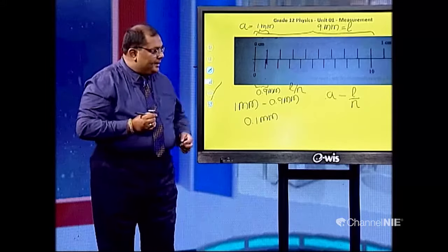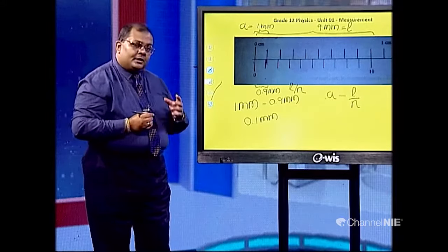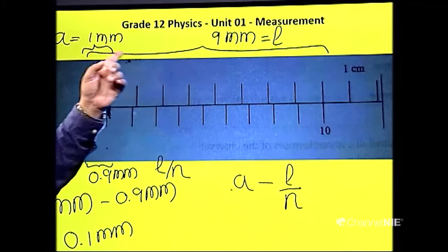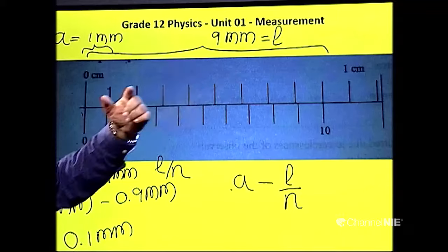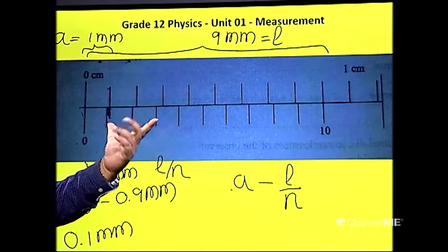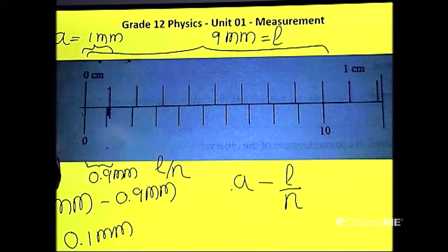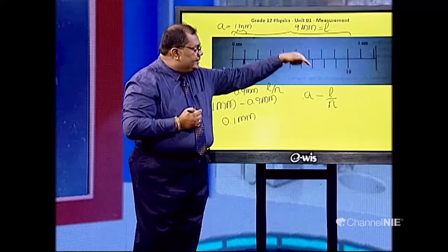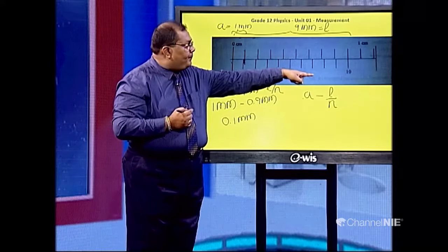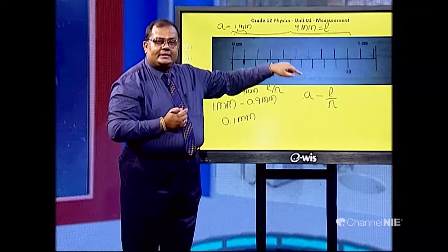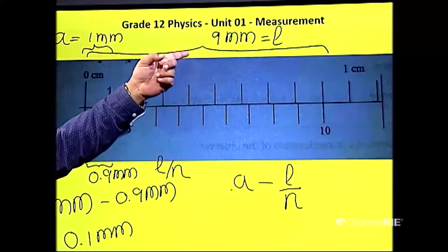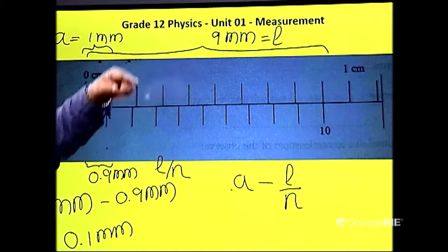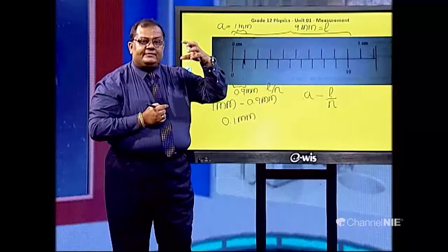Actually we have another short method for this. If the number of divisions selected from the main scale and number of divisions in the vernier scale differ by 1, for example 9 millimeters divided into 10 divisions, or 19 millimeters divided into 20 divisions, or 49 millimeters divided into 50 divisions, or 99 millimeters divided into 100 divisions, then the difference is always 1.